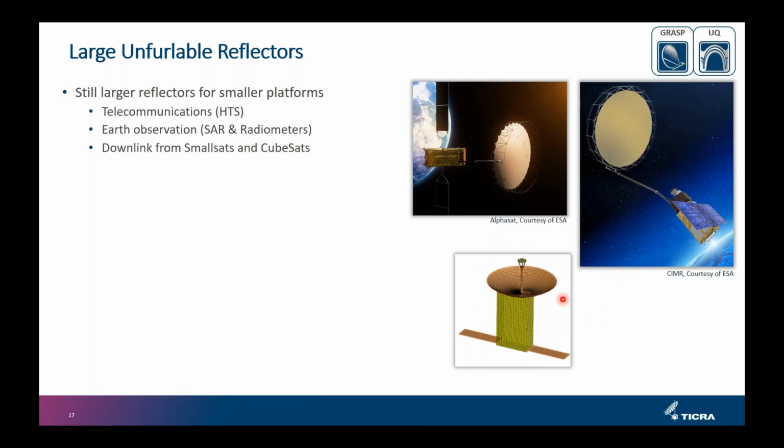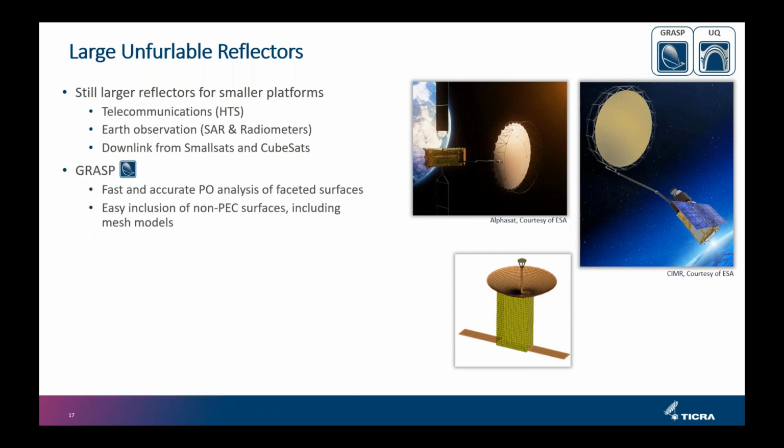And finally, we also see them for downlink antennas for small sats and CubeSats. So here the actual antenna in itself is actually not that big, but compared to the platform, it's still very big. So you still need to do this unfurlable antenna. To analyze this type of antennas, we have GRASP, which we have had for more than 50 years now.